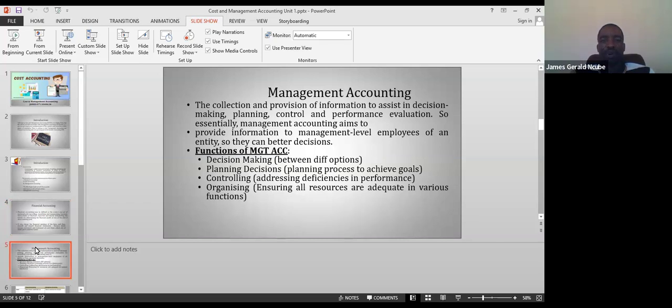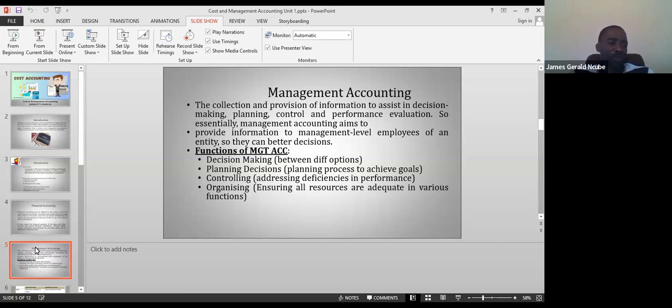One very important point to note about management accounting is that it assists or enhances the decision-making process. So it aims to provide information to management level employees of any given entity so that they can make better decisions. So we are concentrating on management level in an organization, which is the upper part of the organization.